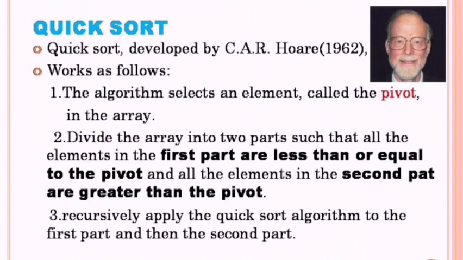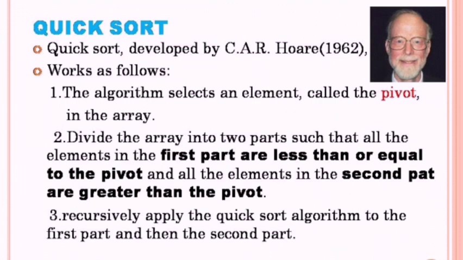Quicksort works as follows. In Quicksort, first we need to select an element called pivot in an array. We divide the array into two parts such that all the elements in the first part are less than or equal to the pivot, and all the elements in the second part are greater than the pivot.